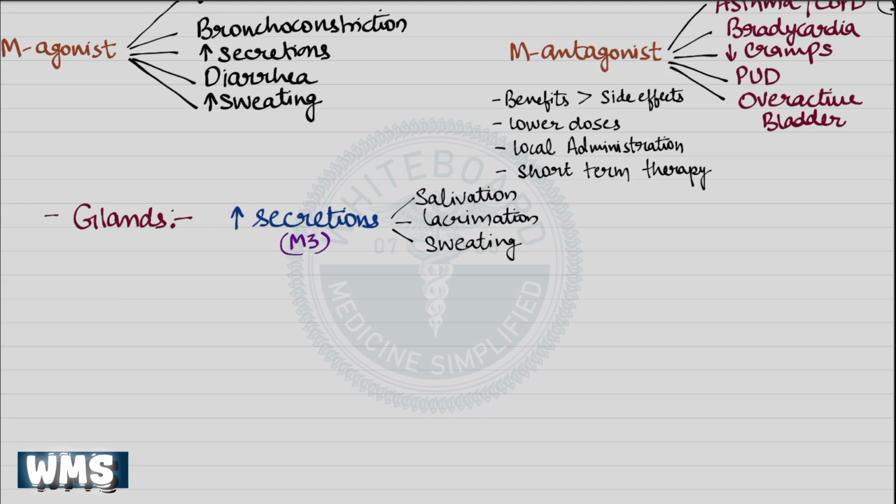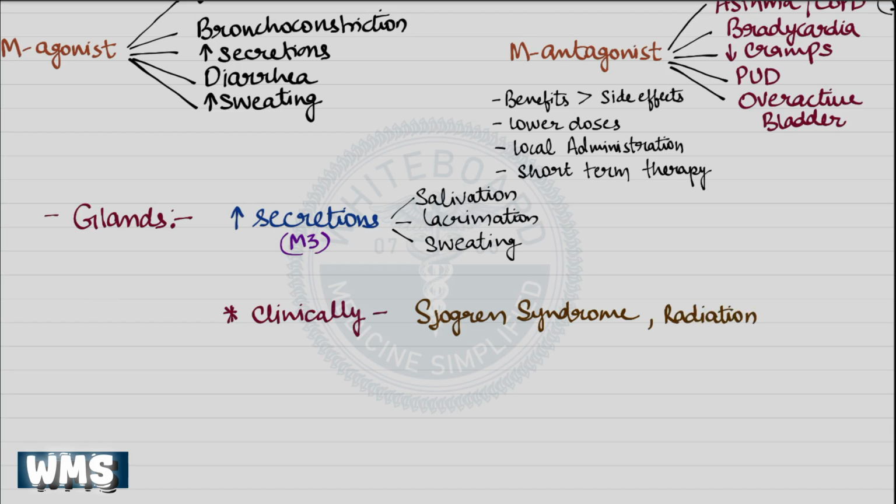Since muscarinic stimulation increases salivation and lacrimation, it can be useful in conditions where glandular secretions are reduced. For example, in Sjogren syndrome, where patients have dry mouth and dry eyes, and in patients with severe dry mouth after radiation therapy to the head and neck.